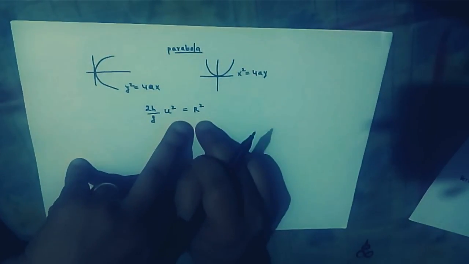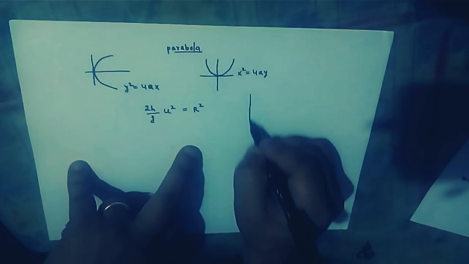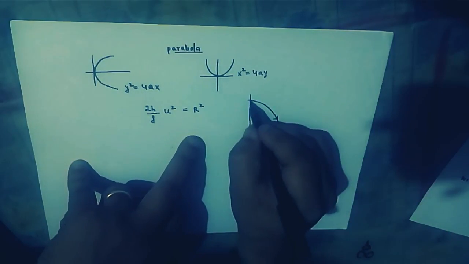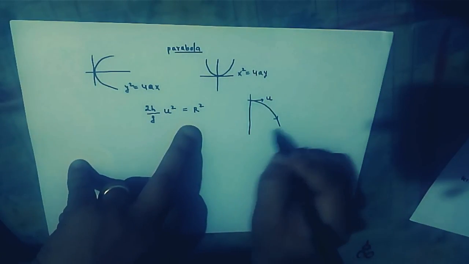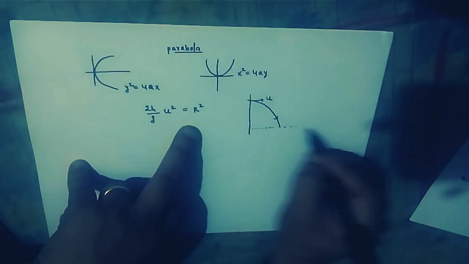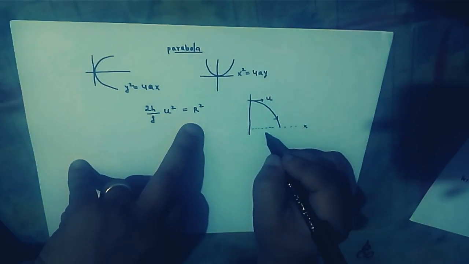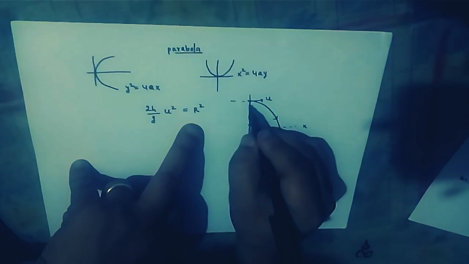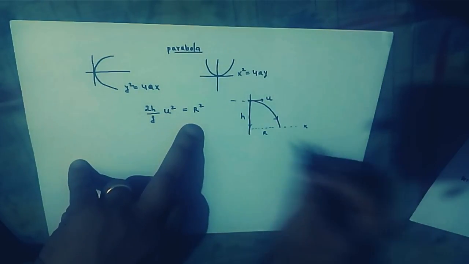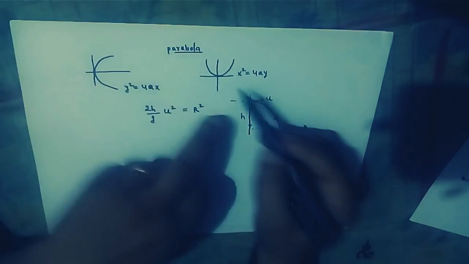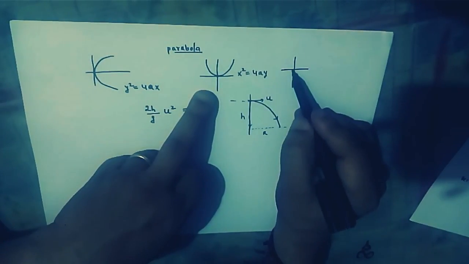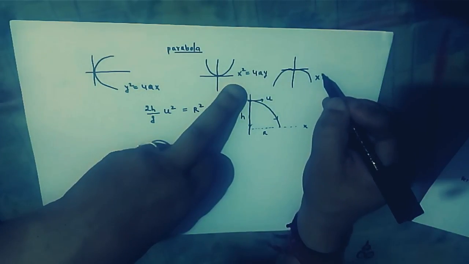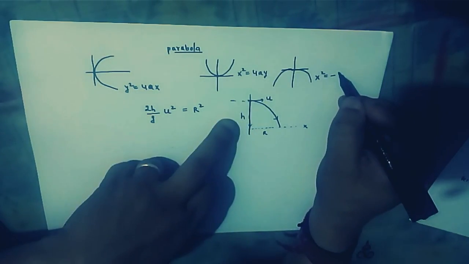When you see this, you know that the body is moving downward with initial velocity u, and it has traveled a distance along the x-axis, which is r, and a distance along the y-axis, which is h. If the parabola is of this shape downward, then this would have been x square equals some minus 4ay.